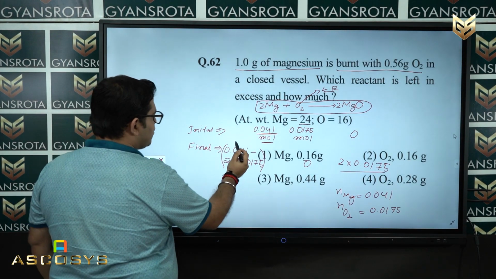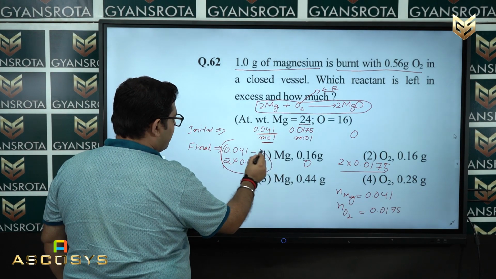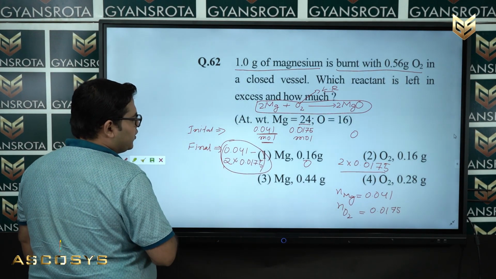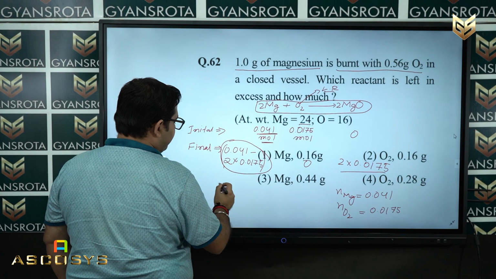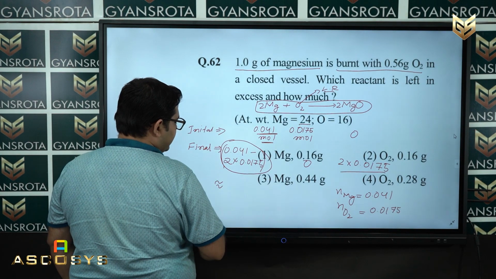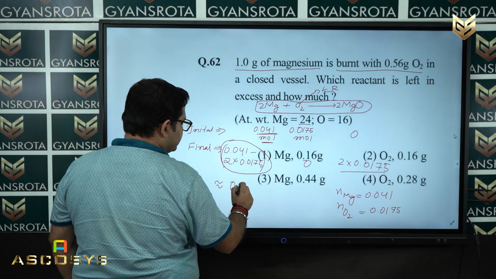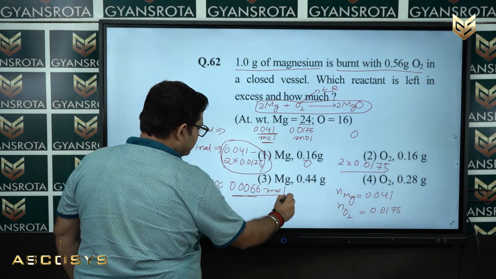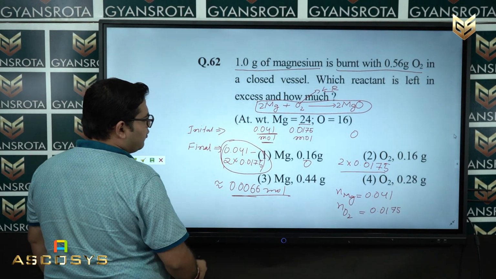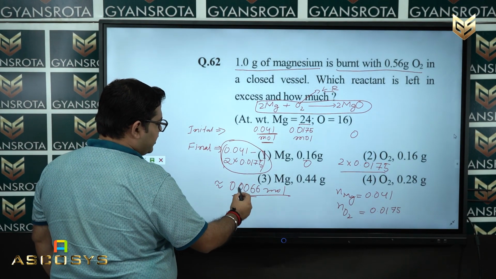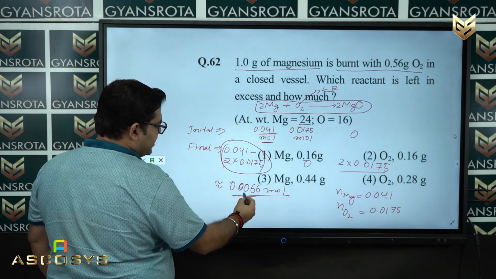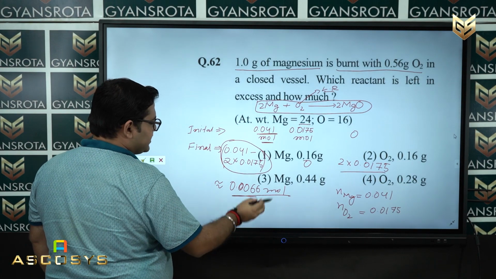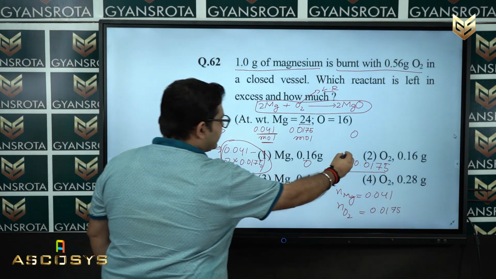If you solve this part, 0.041 minus 2 into 0.0175, the result is approximately 0.0066 mole. Just try it at home, and you will get the answer approximately 0.0066 mole.